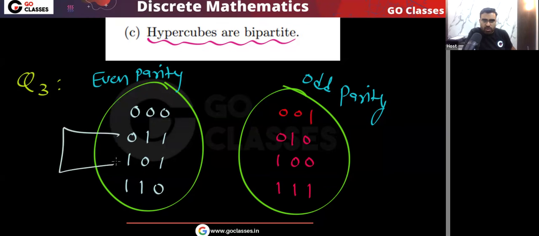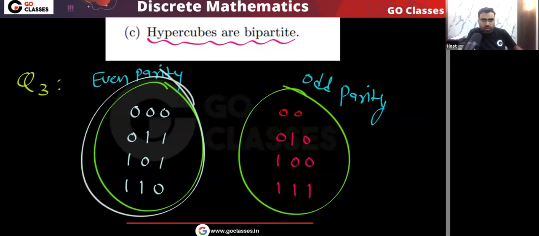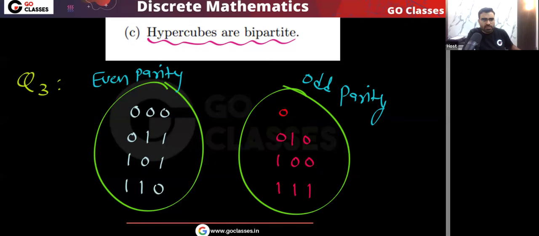Okay, so you can easily see that these are non-adjacent, and these are also non-adjacent. So I can say this is a bipartition, yes or no? Okay, is this clear? Every edge will be between these two parts.